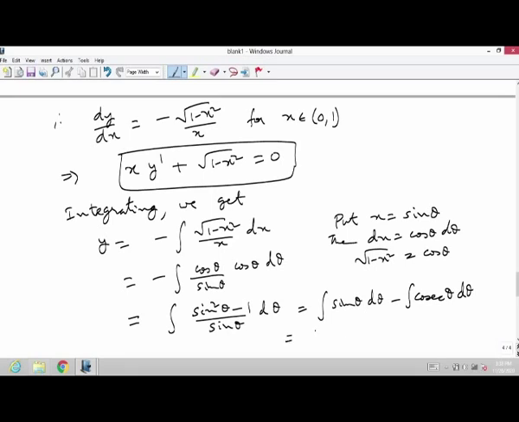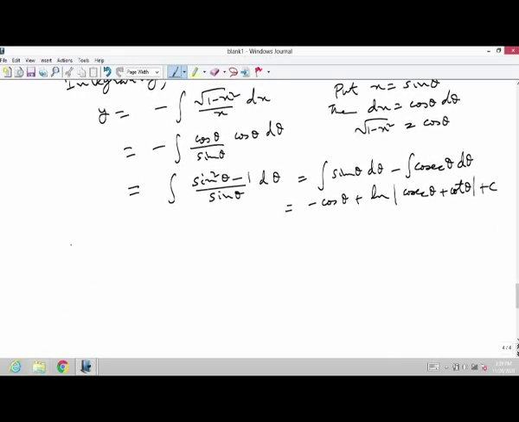which is equal to minus cos theta plus log of mod cosec theta plus cot theta plus an arbitrary constant c. So, now if we put sin theta is equal to x, cos theta is square root of 1 minus x square, this implies y is equal to minus square root of 1 minus x square plus log of (1 plus square root of 1 minus x square) by x plus c.